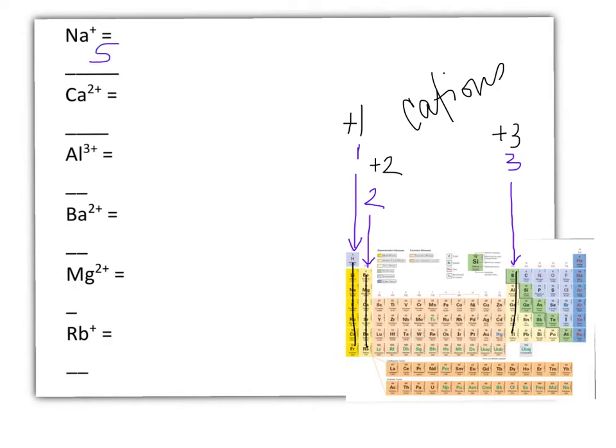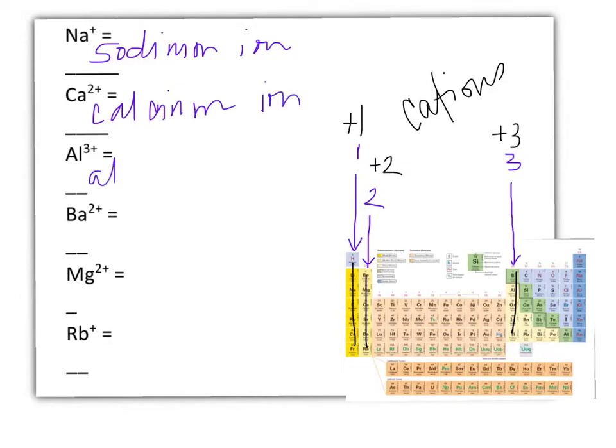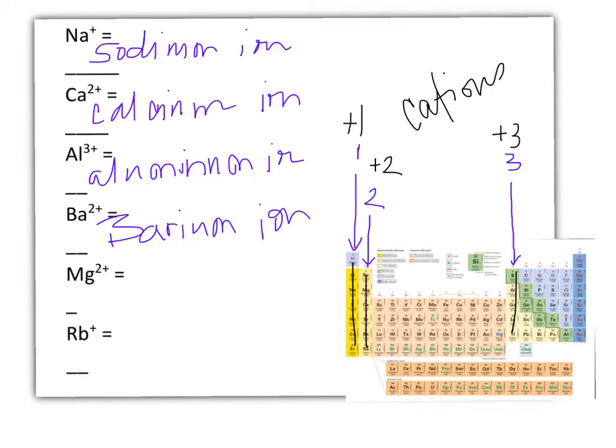So this is the sodium ion, and this is the calcium ion, aluminum. I'm writing really messy, sorry. Barium, magnesium, and rubidium.